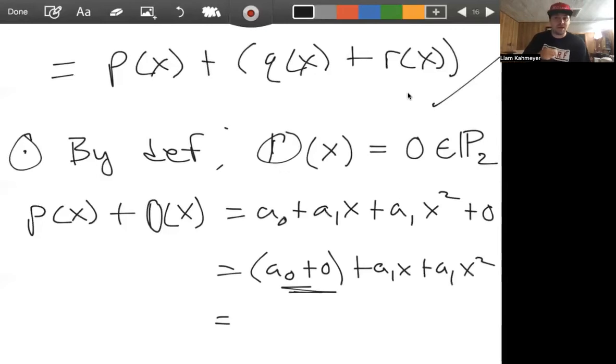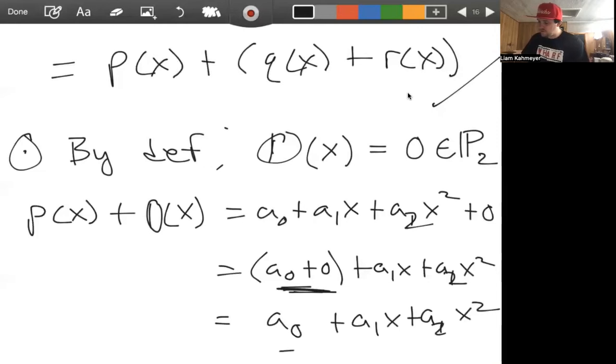We don't know that yet for polynomial addition, right? So we have to take this step to group it with the other constant term here. And now we know that's just A naught plus A1X plus A2X squared. Sorry, there should be a 2 there and there, my bad.